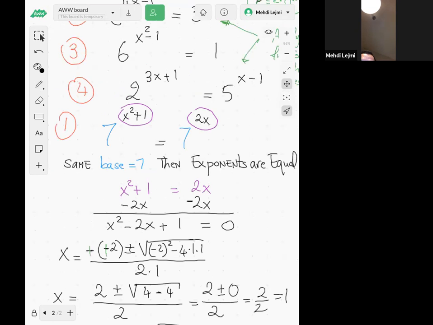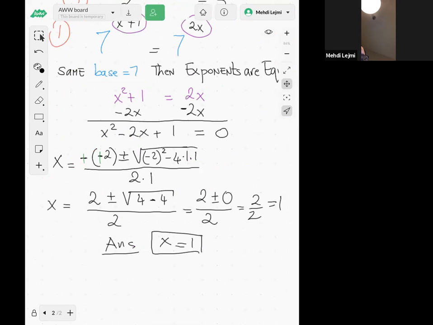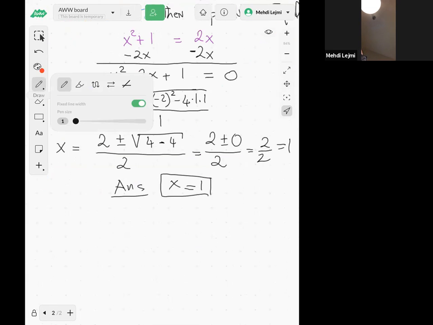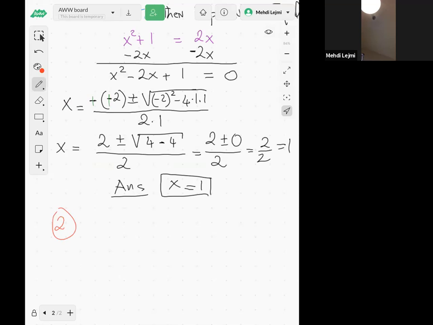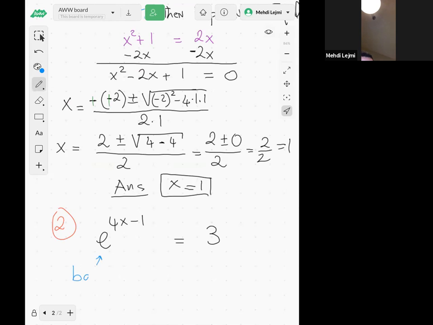For number 2, it's different. Number 2 is e to the 4x minus 1 equal to 3. On the left side, it's an exponential, and the base here is e.